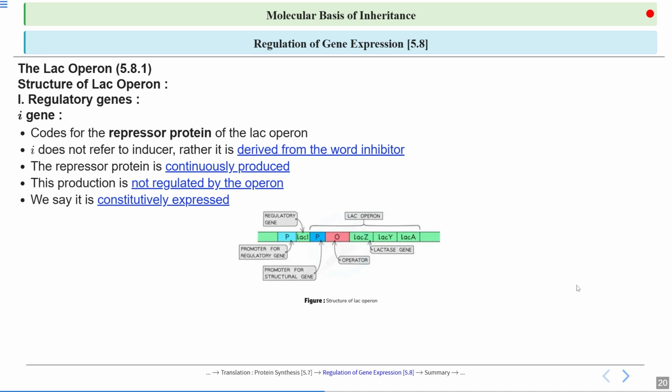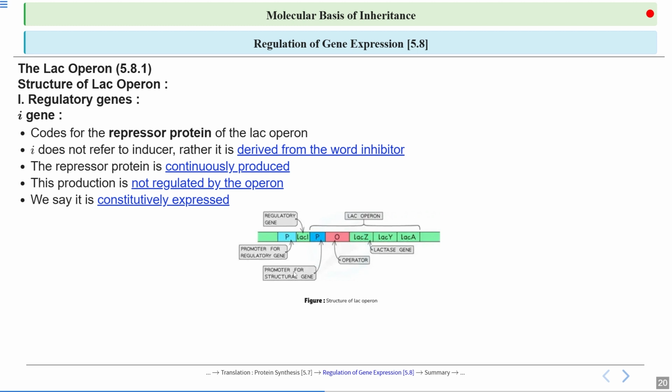So first we talk about the regulatory gene. What is the regulatory gene here? The I gene. This codes for the repressor protein of this lac operon. And here I doesn't refer to inducer, rather it is derived from which word? Inhibitor.